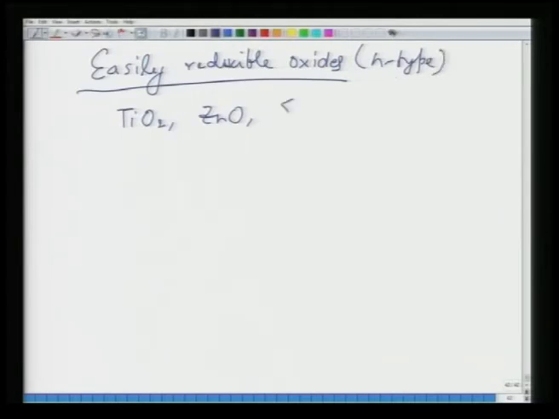Okay. And SnO2, barium titanate, all these are prone to n type behavior due to creation of oxygen vacancies, which give rise to compensating electrons, or you can have cation interstitials plus electrons.